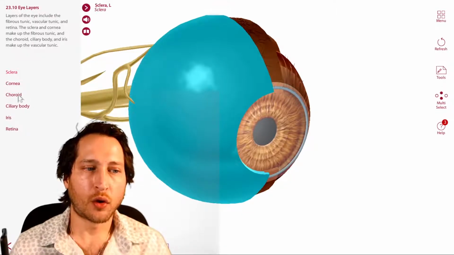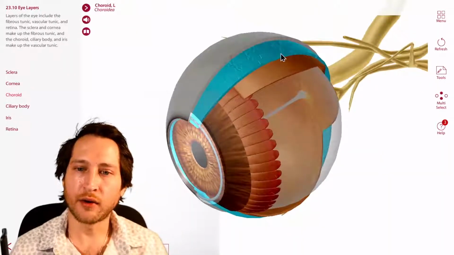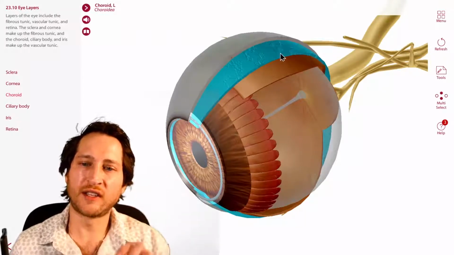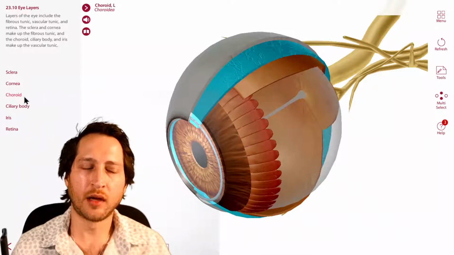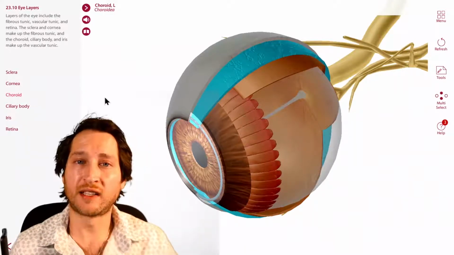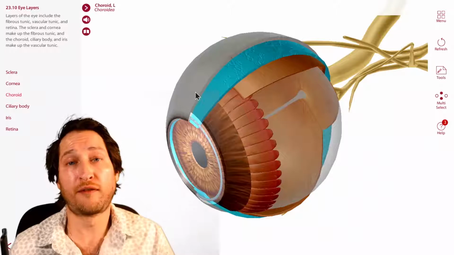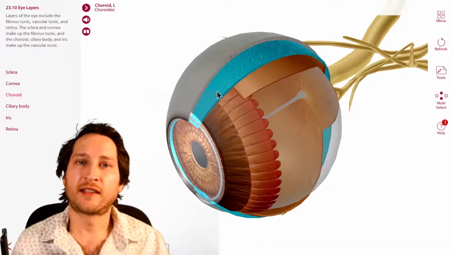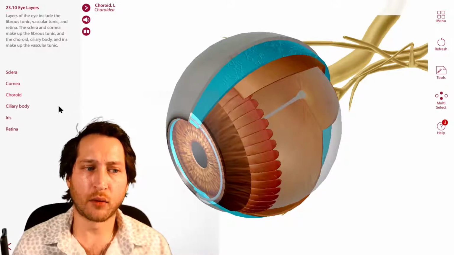Now, the choroid, what's highlighted here, if you were to section an eyeball in a coronal section and then look at these different layers, the choroid is going to be a pretty darkly pigmented layer, and that's actually a functionally important thing because it's going to basically enhance the photoreceptive layer or the retina.